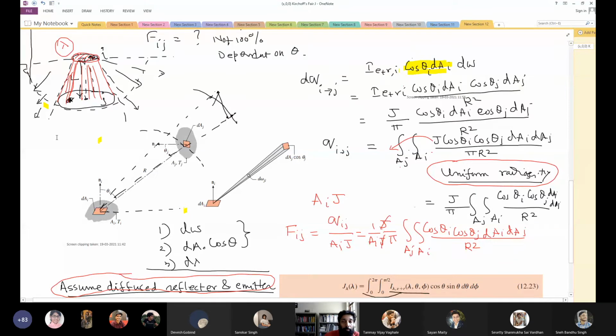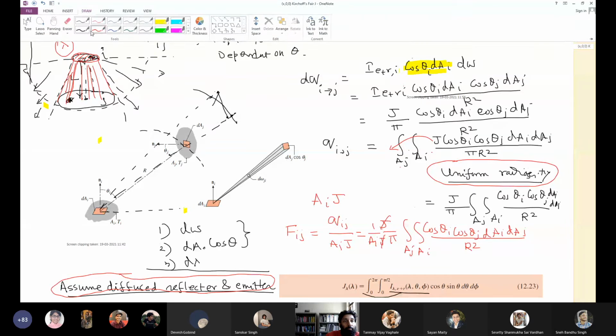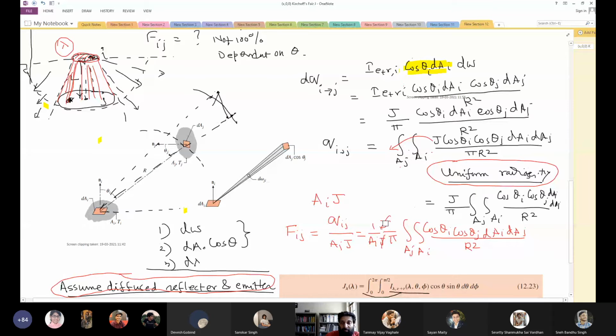So a little bit of cleanup is required here. Normally people take the pi inside. So you see that Fij equals 1 by Ai times the integral, and the expression inside this integral is completely symmetric.